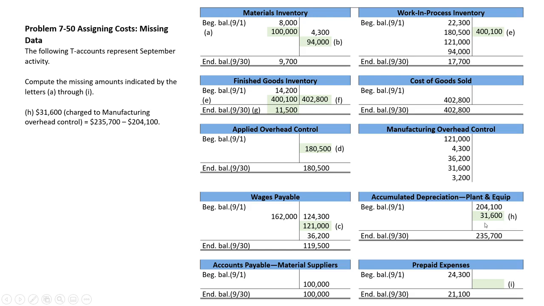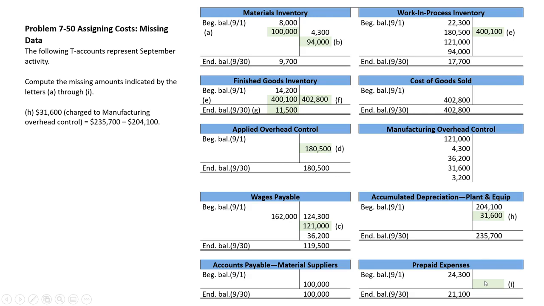And again, if I think about what might have been a credit to this account, well, it could be related to equipment used for sales and general administrative, but it also could be for equipment used for our manufacturing environment. And look, this agrees with one of our debits in manufacturing overhead control. So that also makes us feel more comfortable that we have found the right dollar amount. When we were depreciating perhaps our plant equipment, we were debiting manufacturing overhead control and crediting accumulated depreciation.